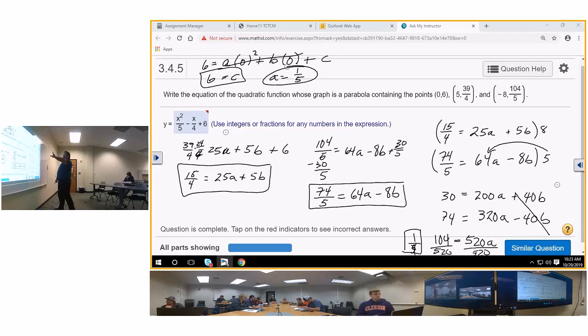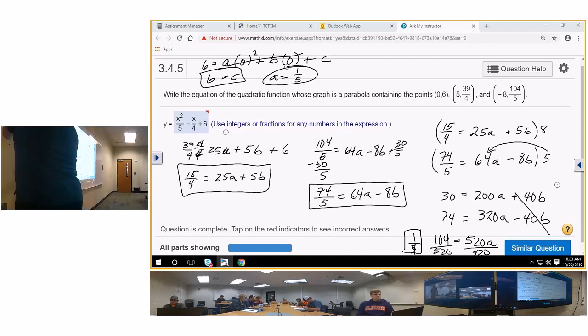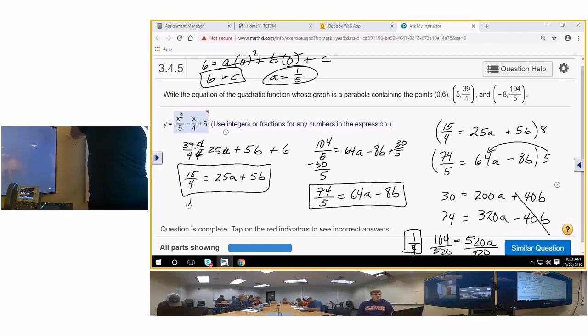I'm gonna plug and chug into my original, where is it? That one right there, 25A. I'm gonna plug right in here. So 15/4 is equal to 25 times 1/5 plus 5B, and that gives you 5, right? 25 divided by 5 is 5.